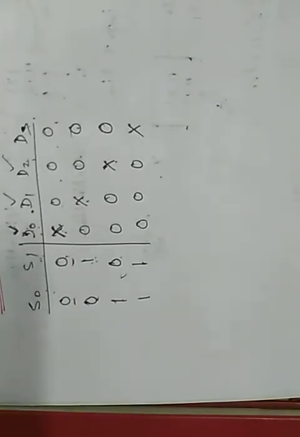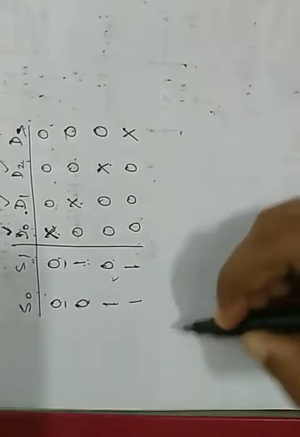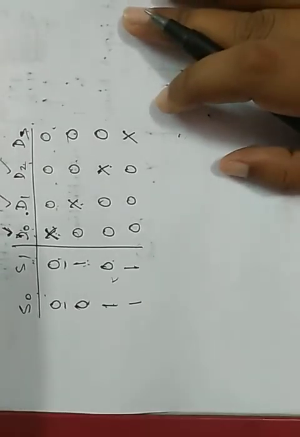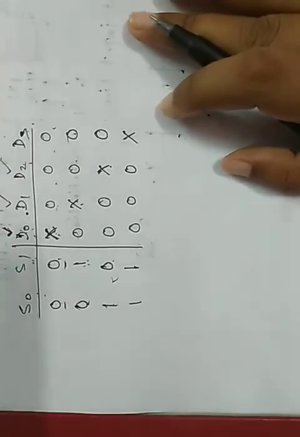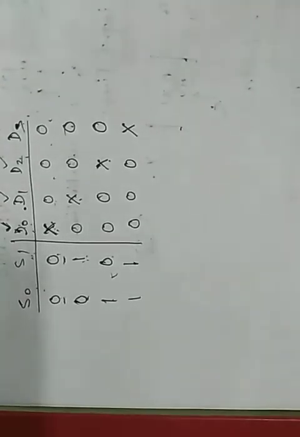Only one value we get at a time. Now let us write the output expressions from the truth table.